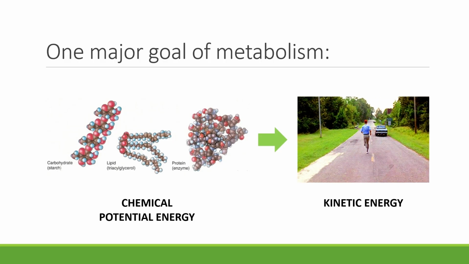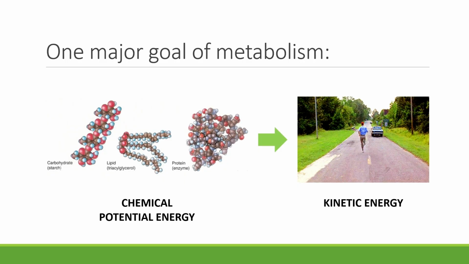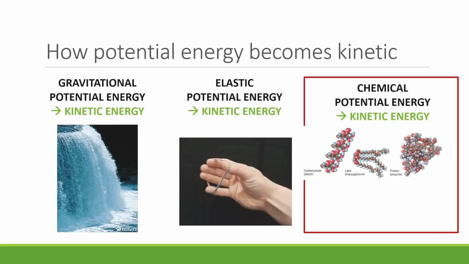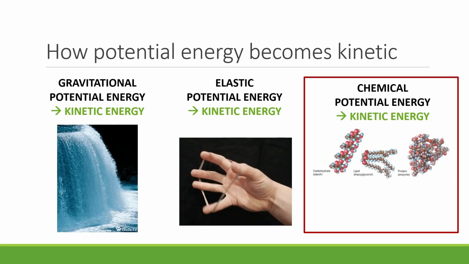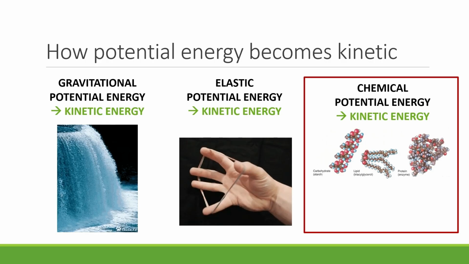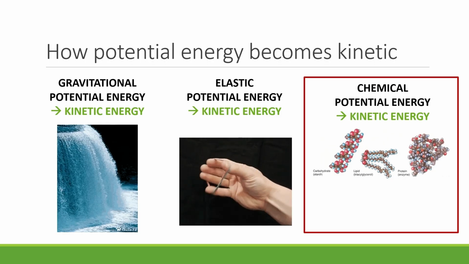Okay, so how can the energy that is stored in those molecules be extracted? We know that gravitational potential energy transforms into kinetic energy when it falls towards a center of gravity. We know that elastic potential energy becomes kinetic when the elastic force causes the material to snap back.